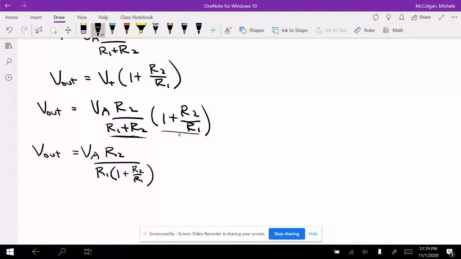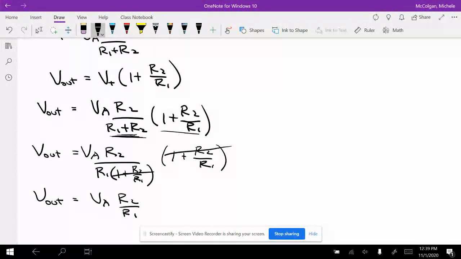If you multiply R1 through this, you'll get right back to this term right here. And then this is 1 plus R2 over R1. So these cancel, and so my V out then is just VA times R2 over R1.